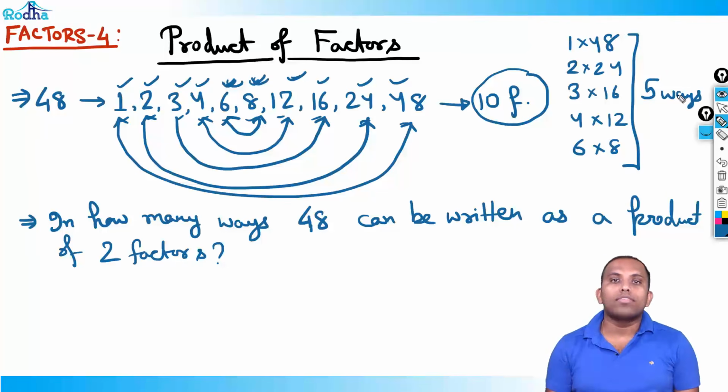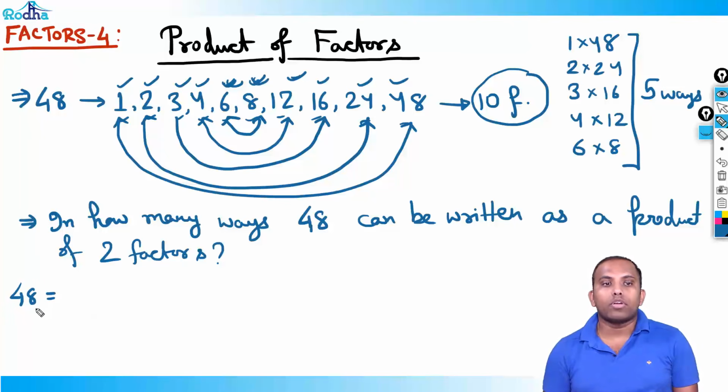If we get this concept, we don't need to always write down all the factors. We can simply write 48 as a product of its prime bases. 48 is 16 into 3, and 16 is 2 raised to 4, so 2 to the power 4 into 3. How many factors? (4 plus 1) into (1 plus 1), power plus 1, so 5 into 2.